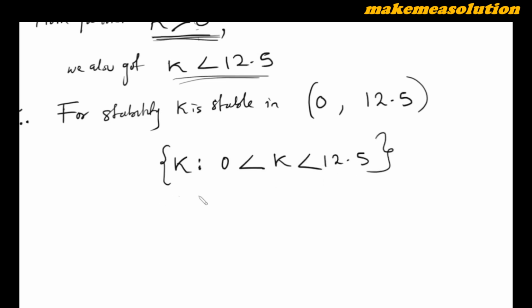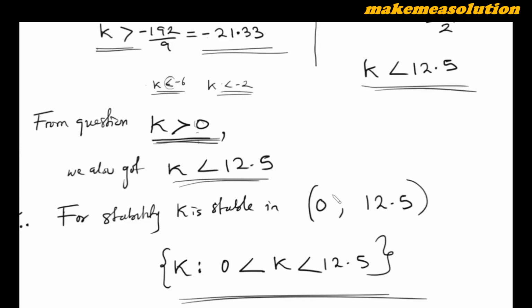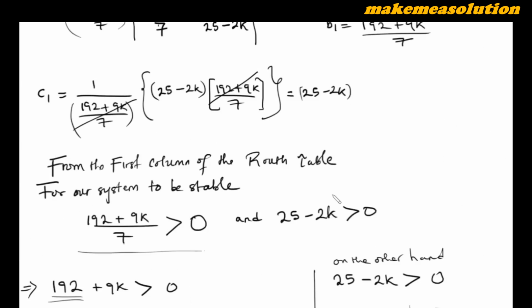Any value of k that falls within this particular range will make sure that our system is stable. In other words, it will make sure that we do not obtain roots whose real parts are positive. We are always going to obtain negative roots.